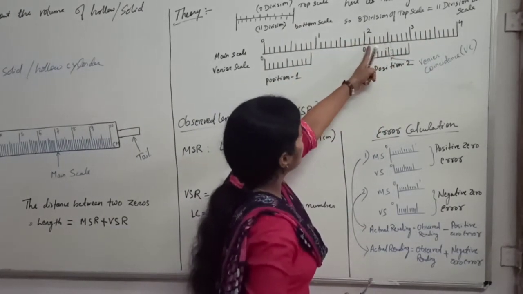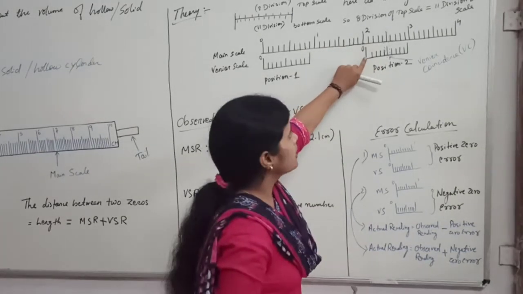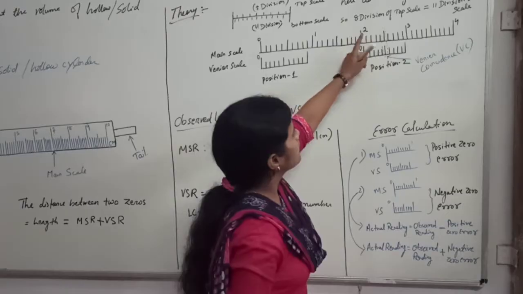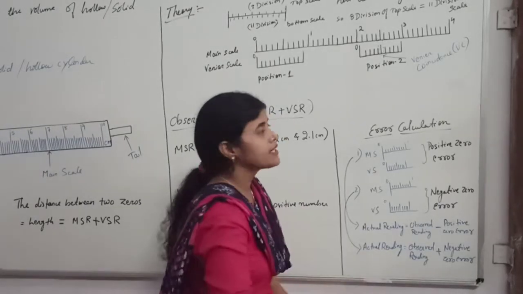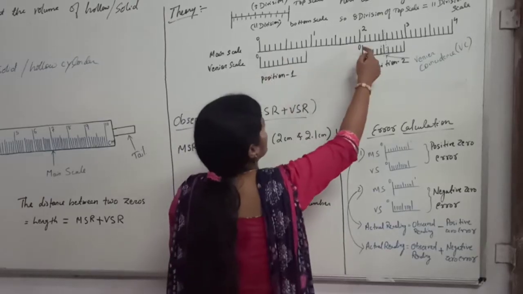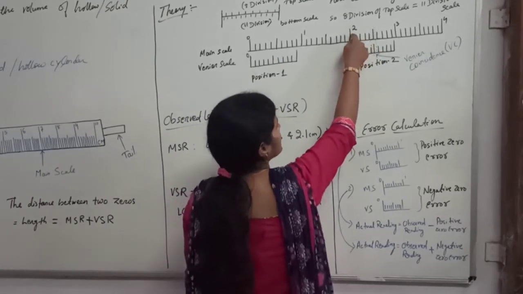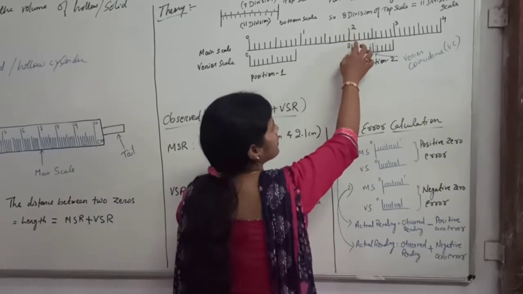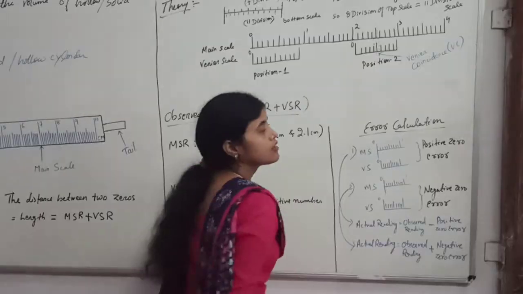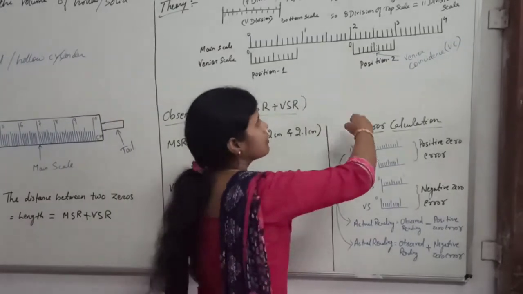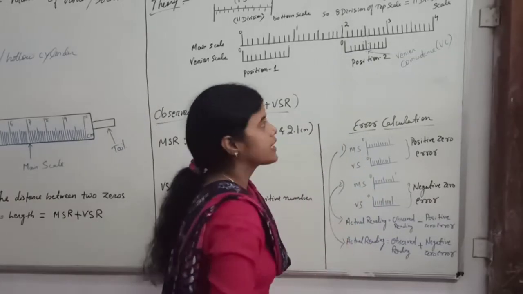So you have to see where the zero line of this vernier scale is indicating on the main scale. Let me repeat. You have to look at this line, and where it is situated, you have to spot from the main scale. So this is like a mark. This mark will give you the main scale reading.